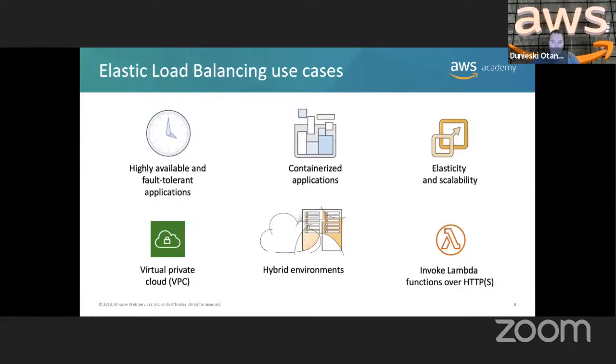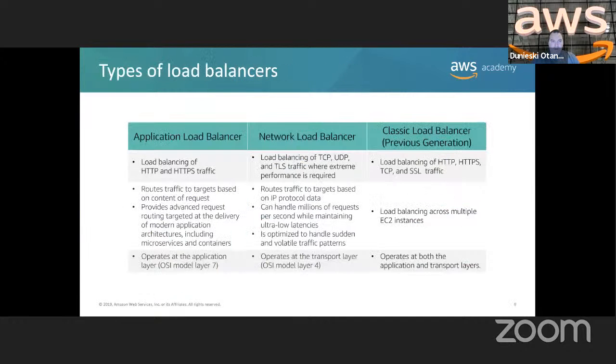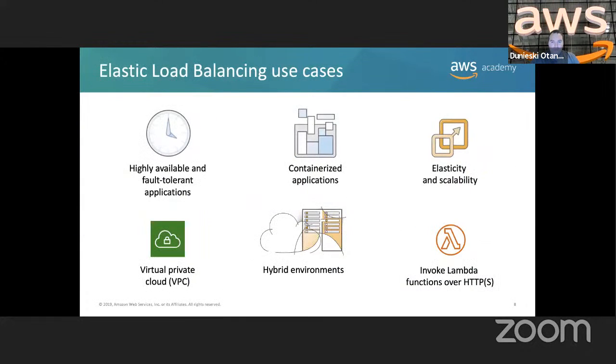And you can use Elastic Load Balancers with Lambda, Lambda functions over HTTP or HTTPS. Remember that the Application Load Balancer can work with HTTP and HTTPS. These are some of the examples that you can use Elastic Load Balancer with.